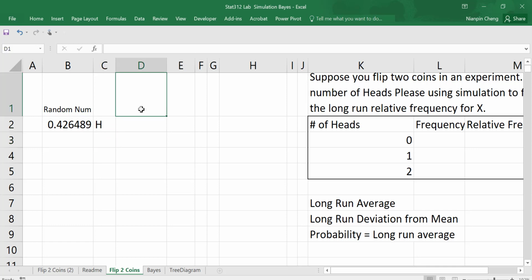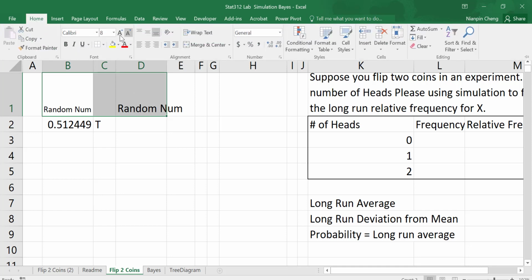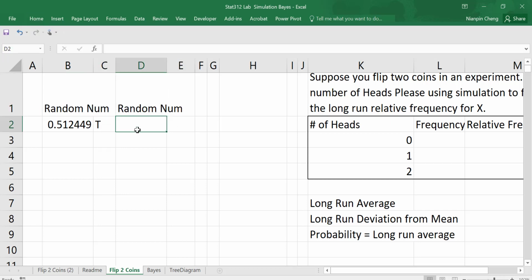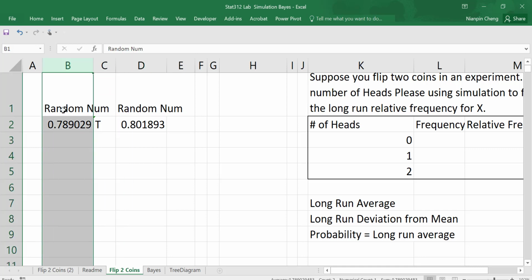And then we need to do our second flip, the second coin. Random number. So still this will generate a random number. This random number is independent from this column.